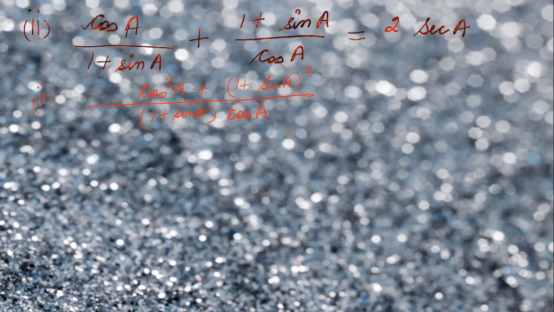Now here cos square A plus, now you know the formula, (a plus b) whole square is a square plus b square plus 2ab.